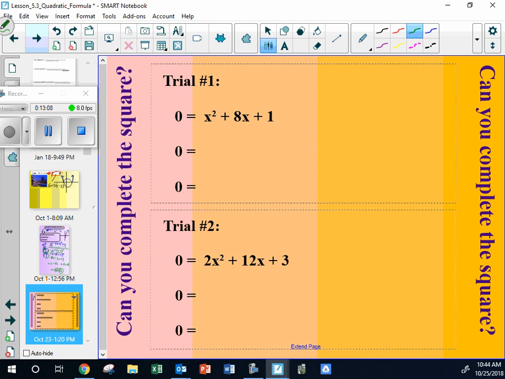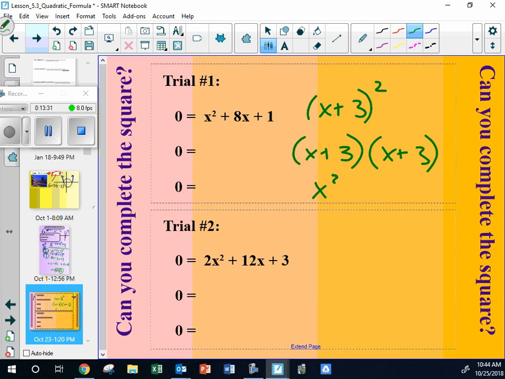All right, so I want to take a second and say that's called a perfect square because that is identical, okay? If I multiply it all the way out, I'd have x squared plus 6x plus 9.